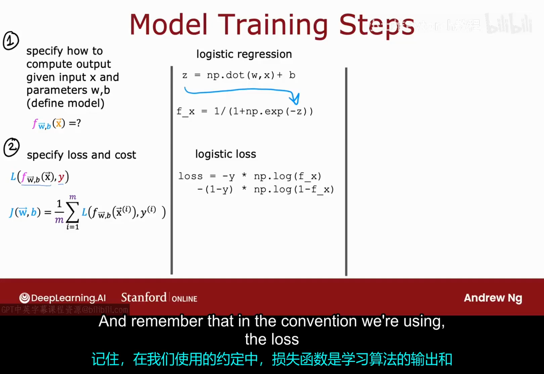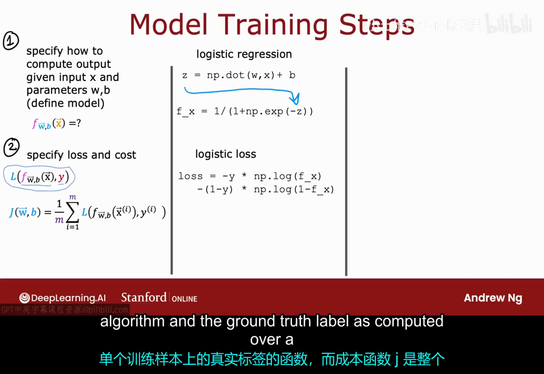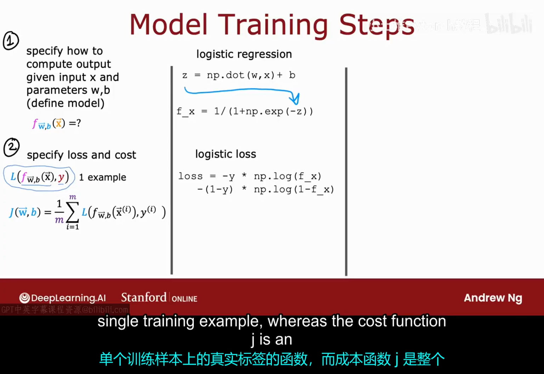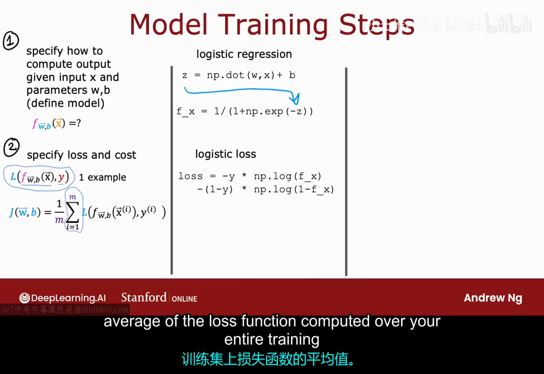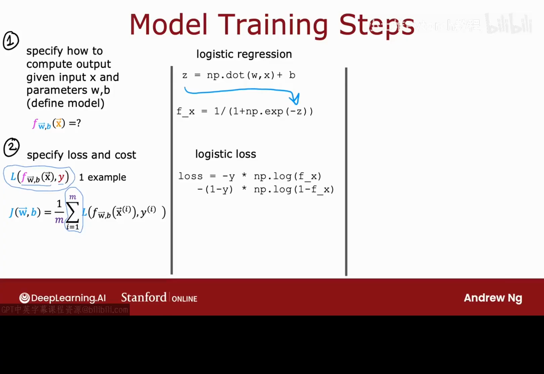And remember that in the convention we're using, the loss function is a function of the output of the learning algorithm and the ground truth label, computed over a single training example, whereas the cost function j is an average of the loss function computed over your entire training set. So that was step 2 of what we did when building up logistic regression.